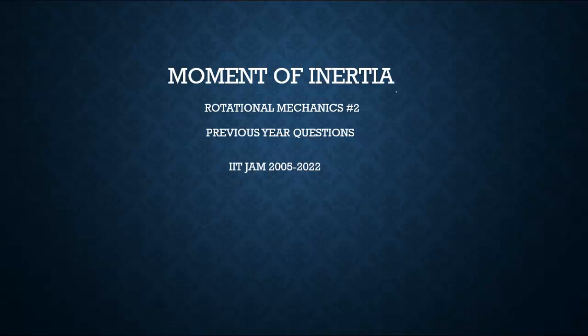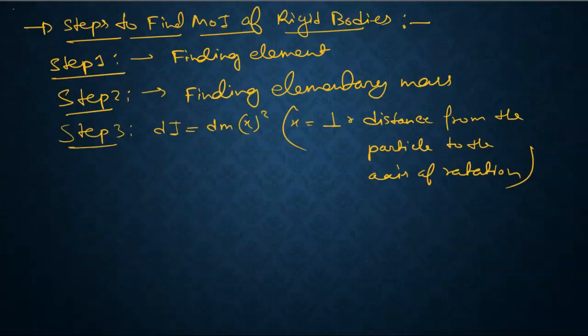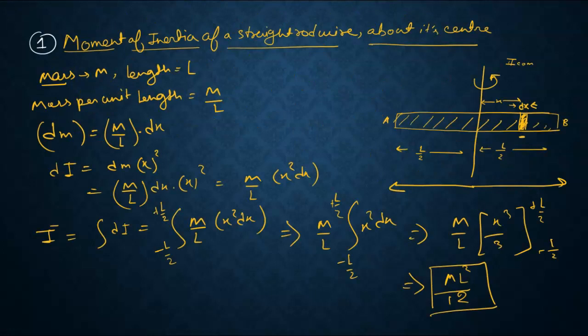In the previous lecture, I have already told about the moment of inertia and the moment of inertia of different rigid bodies, then the steps to find the moment of inertia of rigid bodies.